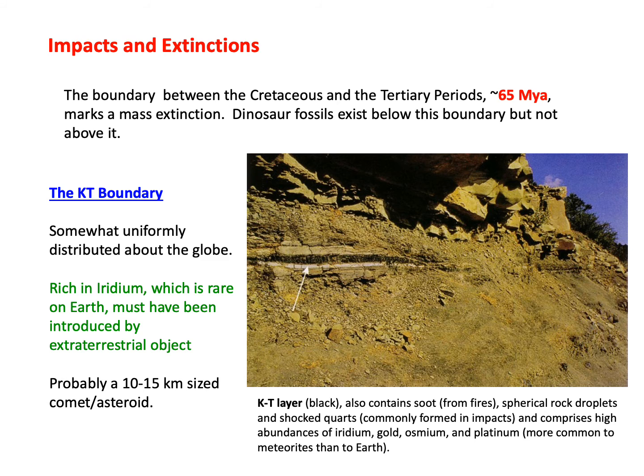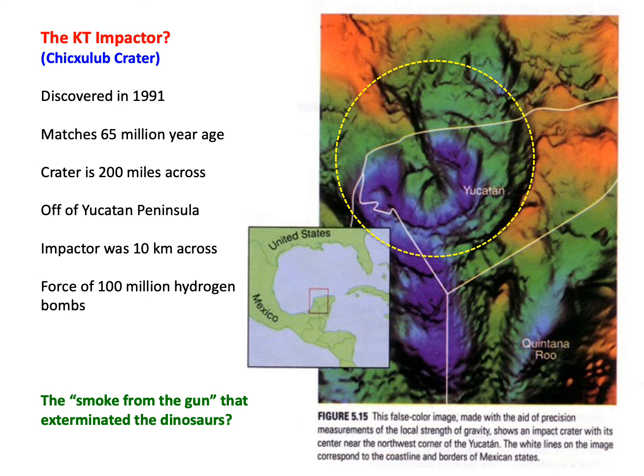And this led to the idea that there was some kind of meteorite that struck the planet and caused mass extinctions. And believe it or not, it took until the 1990s to actually find the scientific evidence to demonstrate this.